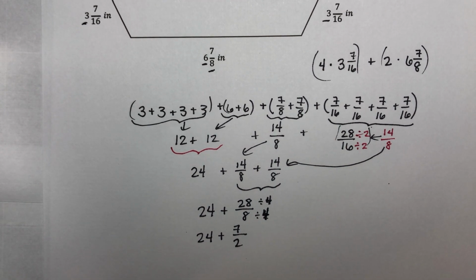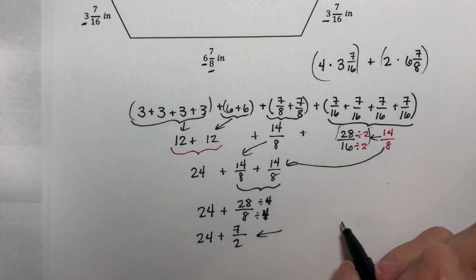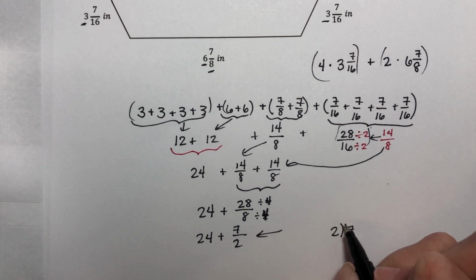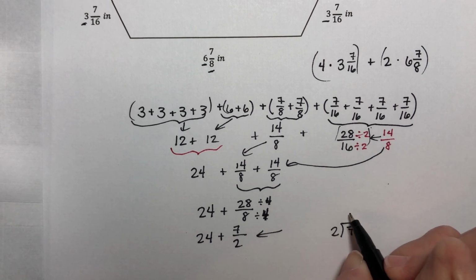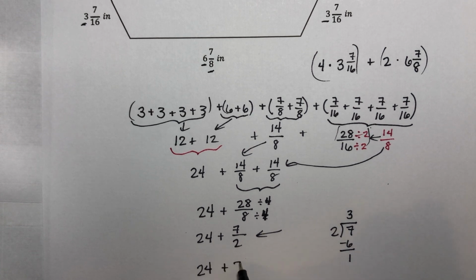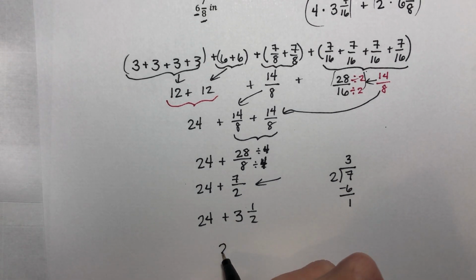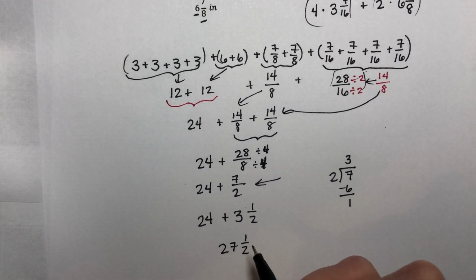Okay, so I'm getting there. What is this? Is a mixed number? 2 goes into 7 3 times with 1 left over. So this is 24 plus 3 and a half. 24 plus 3 is 27 and 1/2.